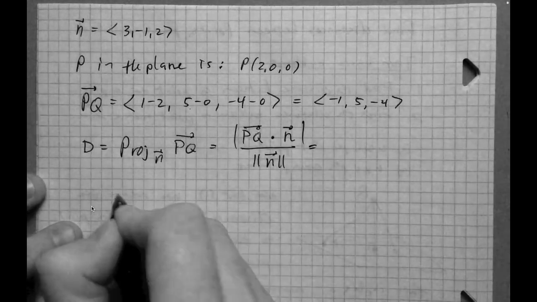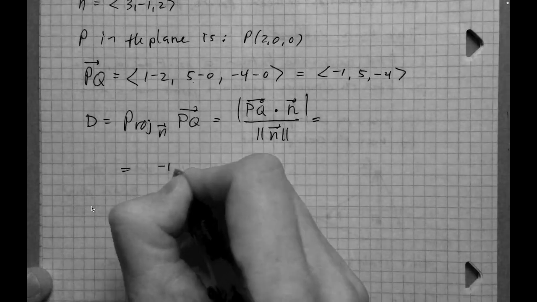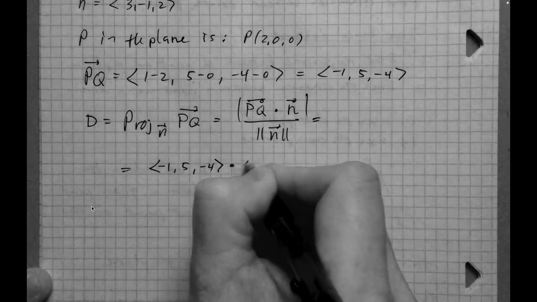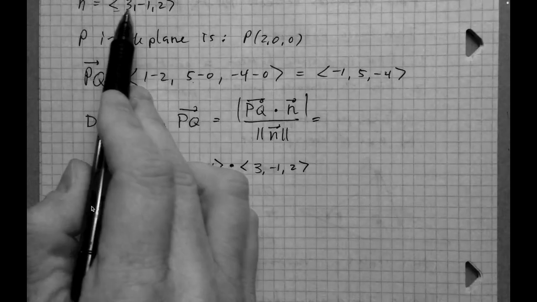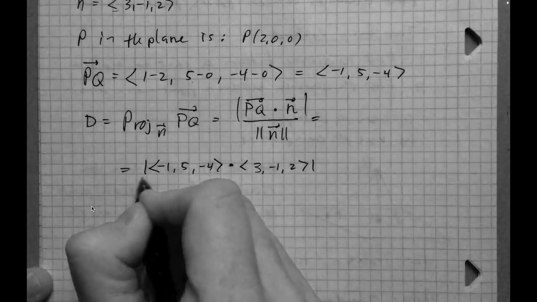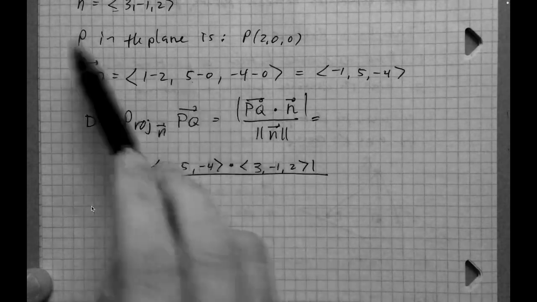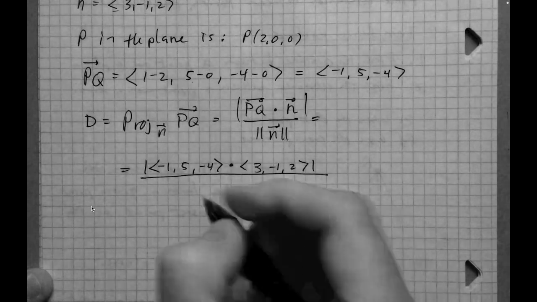We can do this pretty easily. We have negative 1, 5, negative 4. We want to dot that against 3, negative 1, 2. So the normal vector, PQ is here, needs to be the absolute value. And then the norm of n is 3 squared, 1 squared, 2 squared, so that'd be 9 plus 1 plus 4.